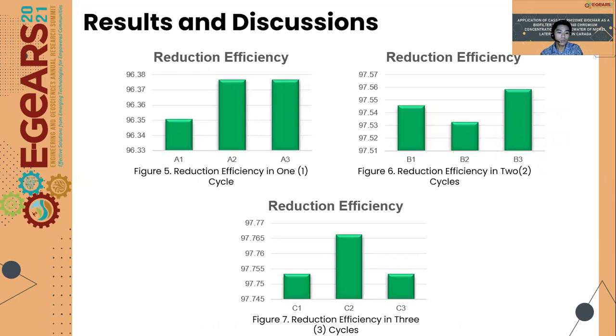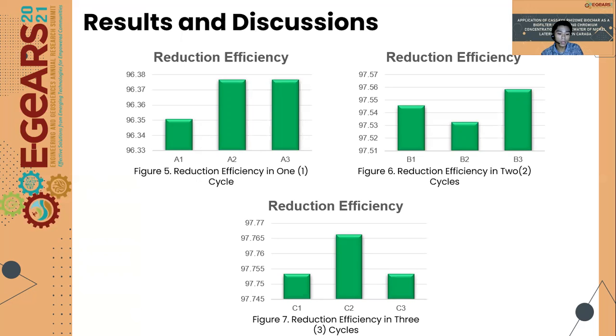These graphs show the reduction efficiency rate using the different numbers of cycles. We have here 96.35% for A1, 96.38% for A2 and A3, and then 97.54% for B1, 97.52% for B2, and 97.75% for B3.